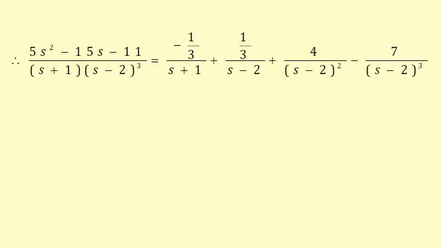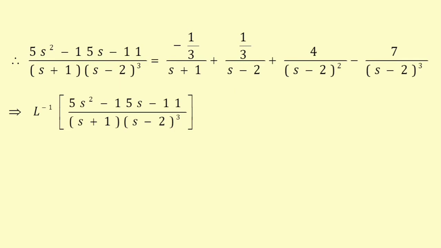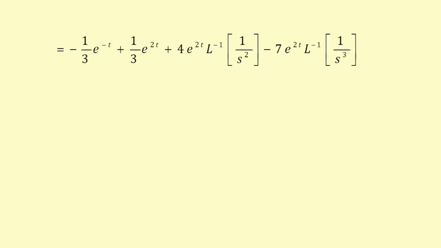Now substituting all the values in the equation, we get minus 1 by 3 by s plus 1 plus 1 by 3 by s minus 2 plus 4 by s minus 2 the whole square minus 7 by s minus 2 the whole cube. Now taking L inverse on both the sides, we know that L inverse of 1 by s plus a is e power minus at and L inverse of 1 by s minus a is e power at.